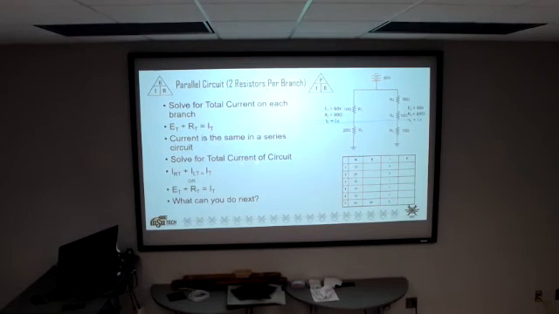So we're going to take our resistance total and our voltage total and divide, and we'll get our current. So E divided by R for this one gives us 2, and E divided by R in here gives us 1.